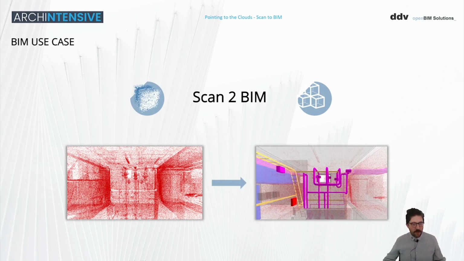So in the end, you will get something like that. No matter if you are exchanging a native file, or, such as in our case, exchanging information models based in an open data schema, such as IFC files.